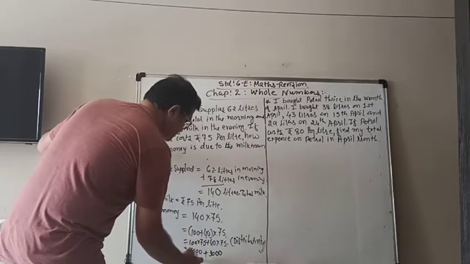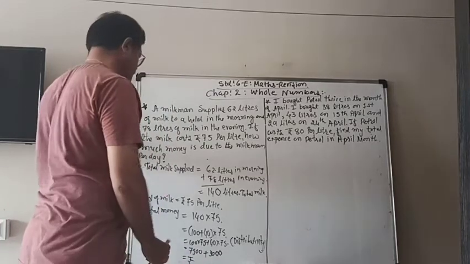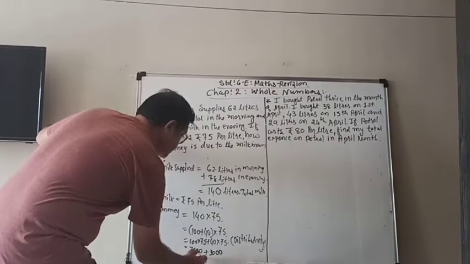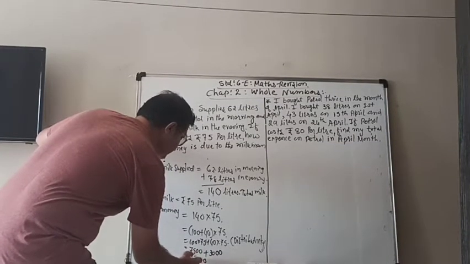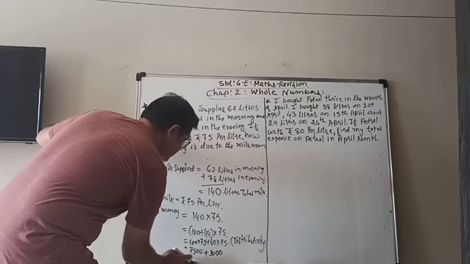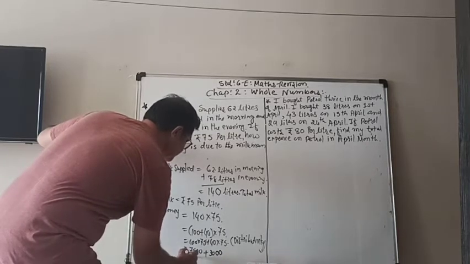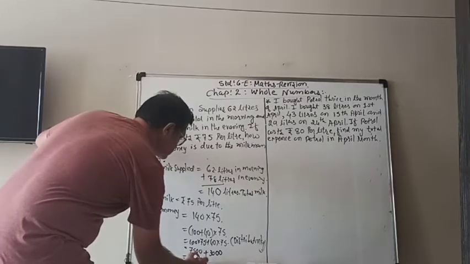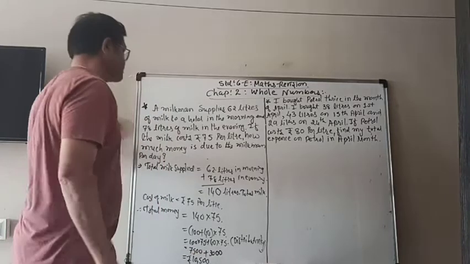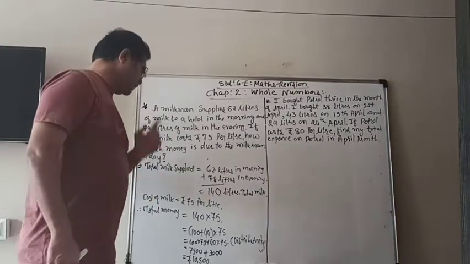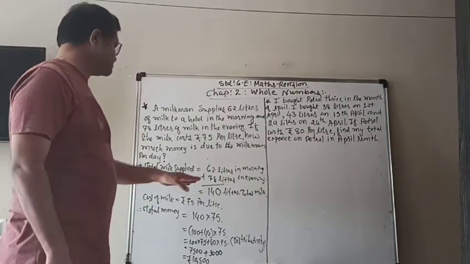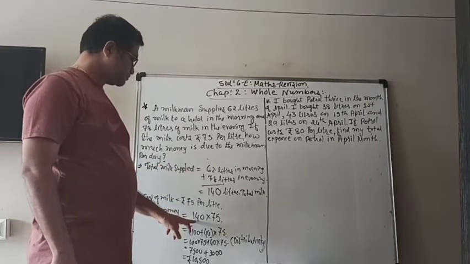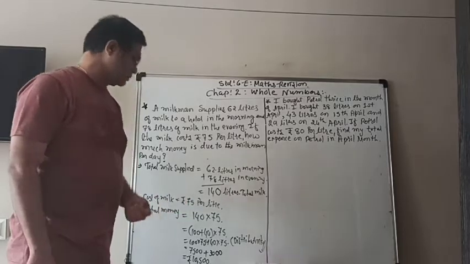So it is equal to rupees 10,500. So the price of milk is 75 rupees, so total 140 liters multiplied by 75 rupees.